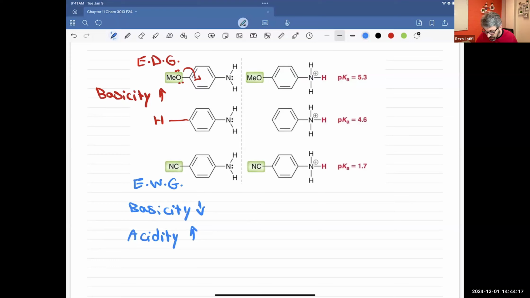So this one will be the weakest base, and that one will be the strongest base. That means the weakest acid.